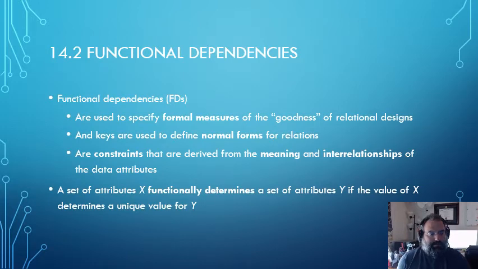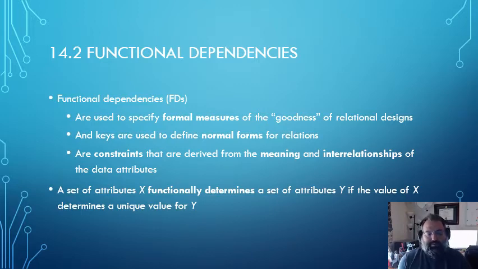Functional dependencies are used to specify formal measures of the goodness of relational design, and keys are used to determine normal forms for relations. They are constraints that are derived from the meaning and interrelationships of data attributes.